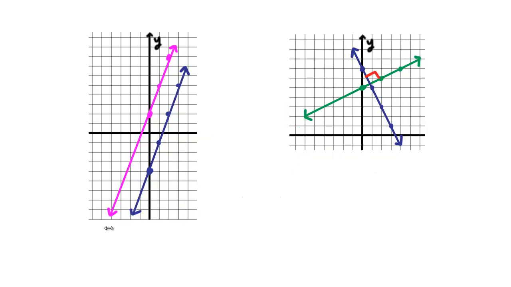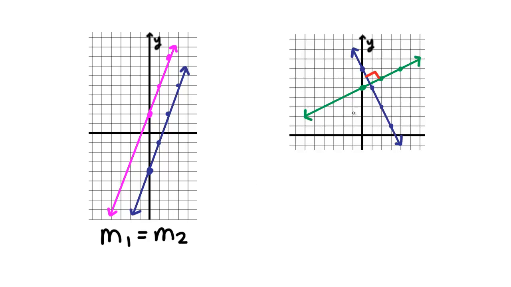Okay, so let's recap here. If two lines are parallel to each other, that means that the two slopes are the same, so M1 will equal M2. M1 being the slope of the pink line, and M2 being the slope of the blue line.